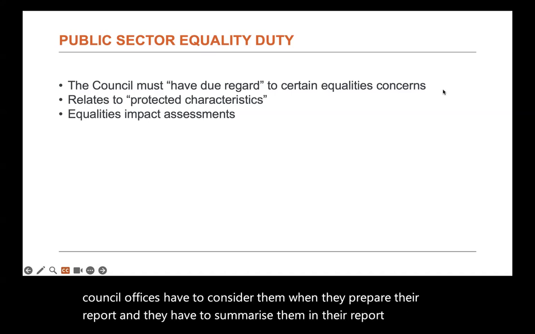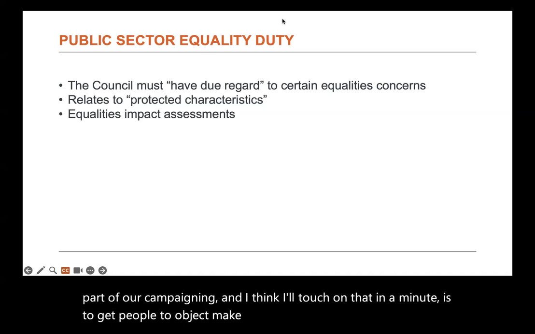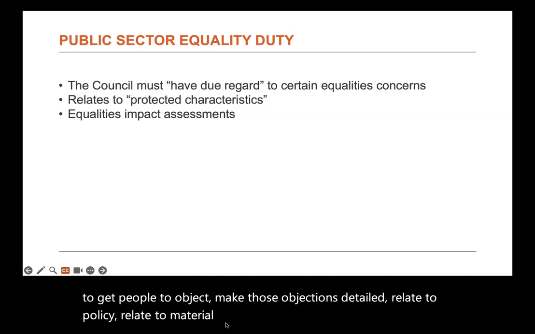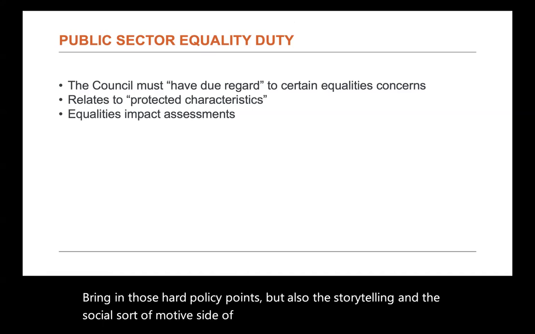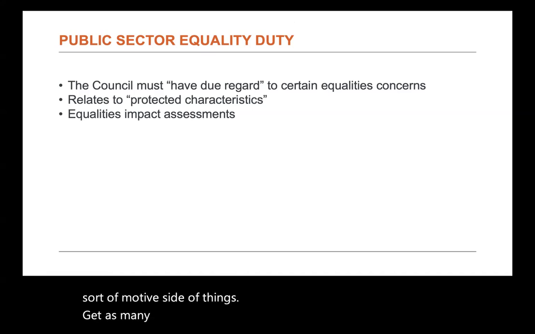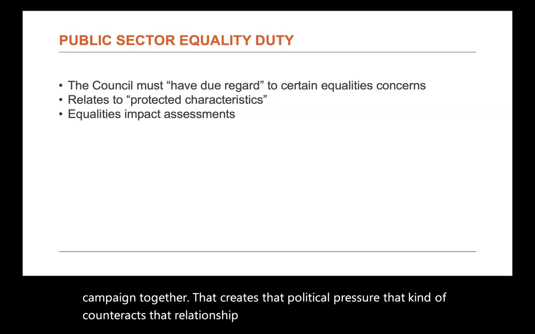So a big part of our campaigning, and I think I'll touch on that in a minute, is to get people to object, make those objections detailed, relate to policy, relate to material considerations, bring in those hard policy points, but also the storytelling and the social, emotive side of things. Get as many people as possible to object, get a strong community campaign together that creates that political pressure that counteracts that relationship between the officer and the developer.